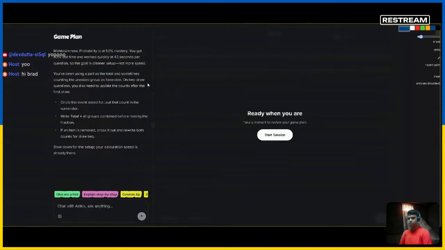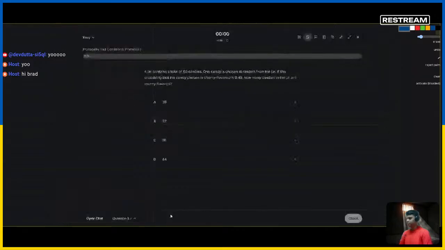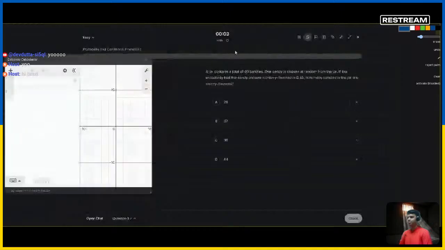On two-draw questions, you also need to update the counts after the first draw. Put the count in the numerator. Okay, I have no idea what it's talking about. Let me see what question this is.